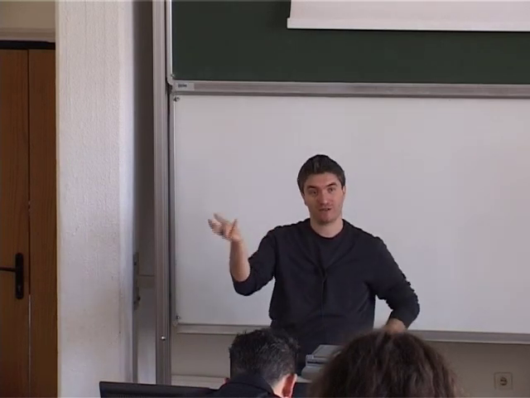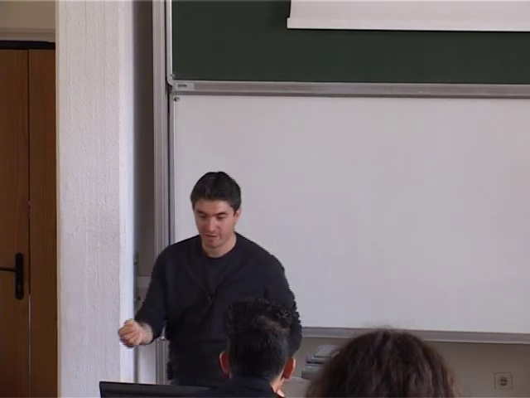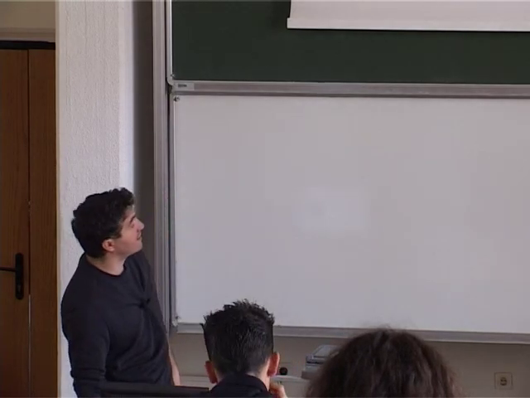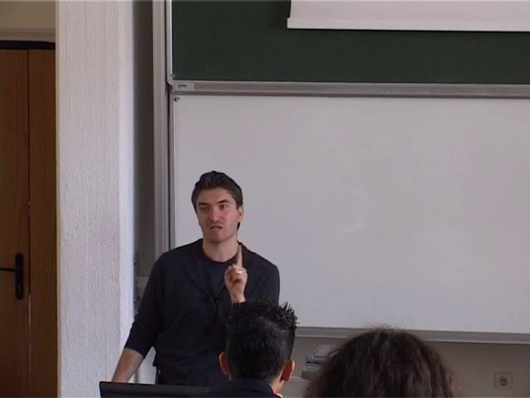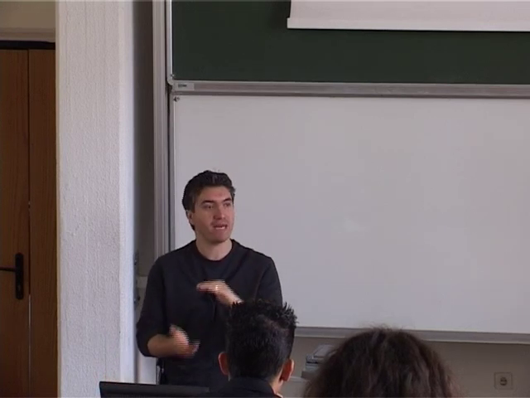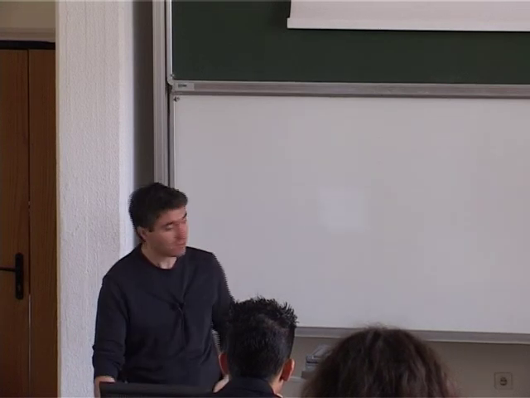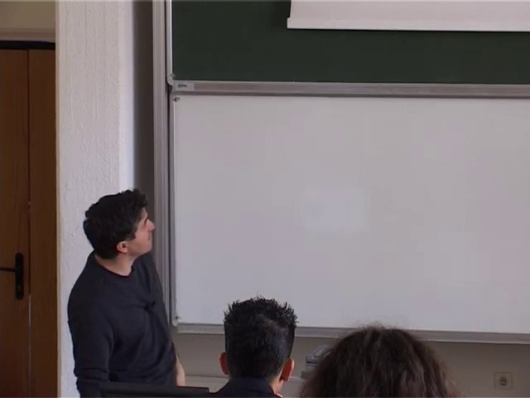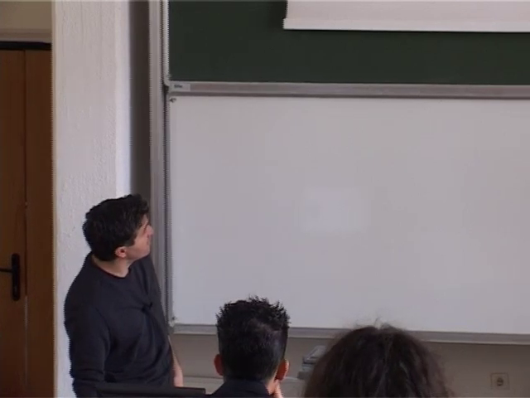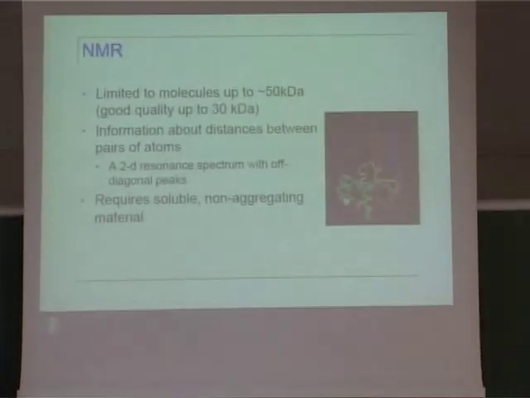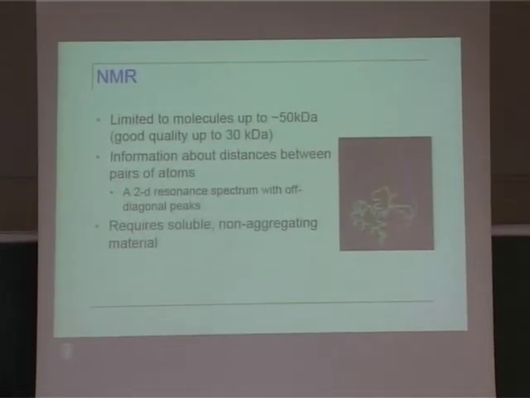So an NMR structure usually gives you at the end a set of structures, not just a single coordinate list. It may give you many different coordinates for a single atom, but usually in certain regions the constraints are more strict, so it's going to give you more certain coordinates.